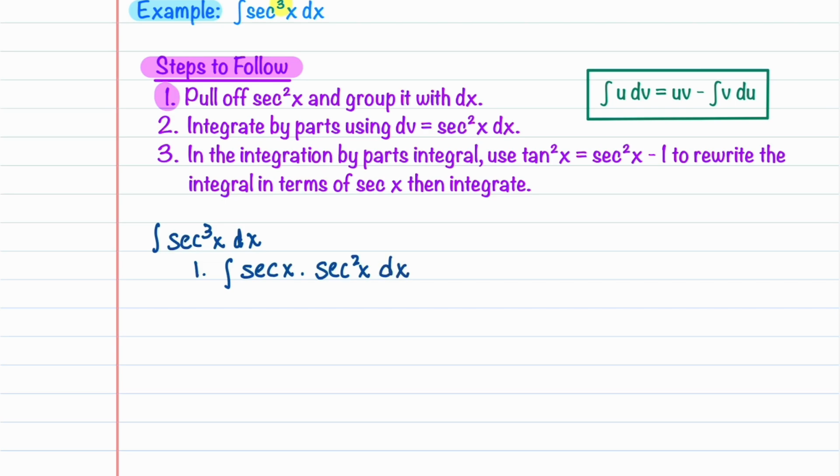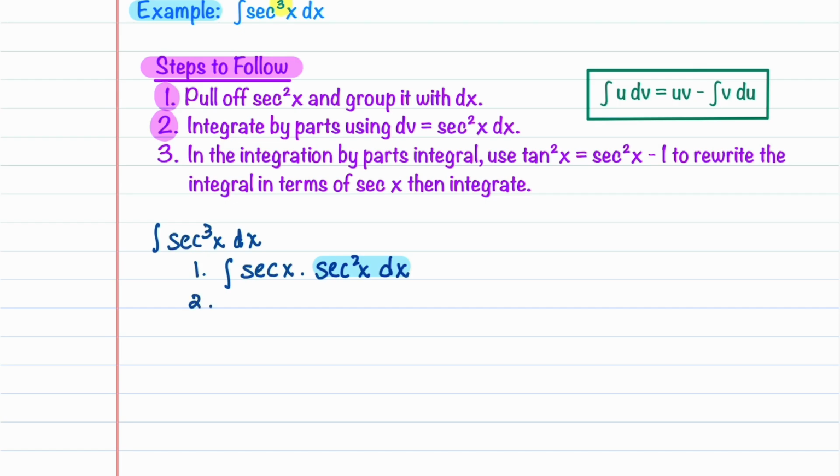The reason that we're doing this is a bit complicated, but let me walk you through this. To solve this problem, we are going to have to use integration by parts. Don't worry, I'll walk you through it. When we use integration by parts, we need a dv that we can integrate, and notice that we can integrate secant² x. It's just going to be tangent x. And that's exactly why we had to pull off a secant² x. Let's go back up here to the top and look at step 2. It says to integrate by parts using dv is secant² x dx.